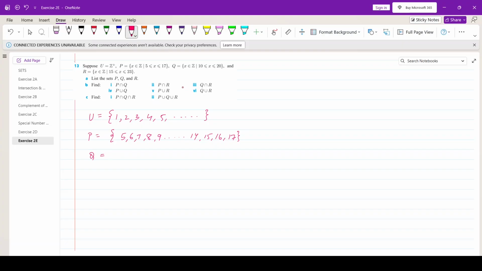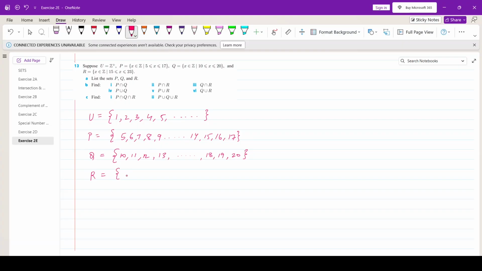Q is a set of all x such that x is an integer between 10 and 20, including both of them. So Q is 10, 11, 12, 13, and so on till 18, 19, 20. And R is a set of all integers such that they exist between 15 and 23.